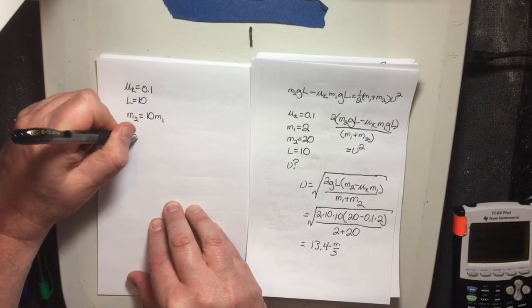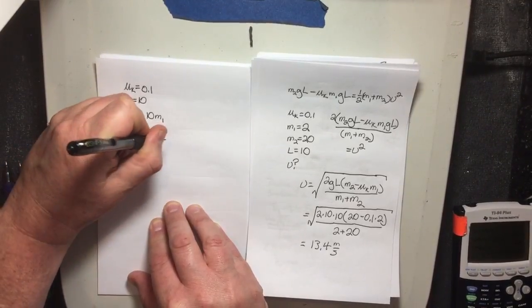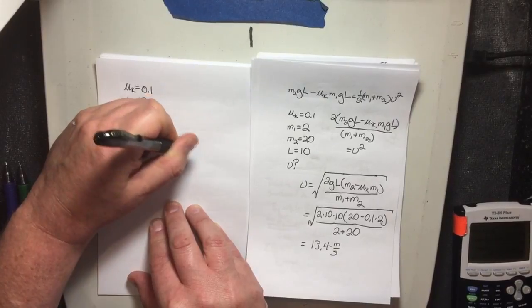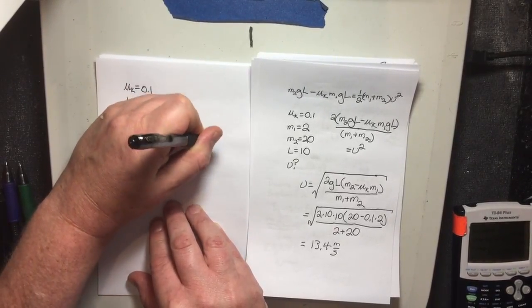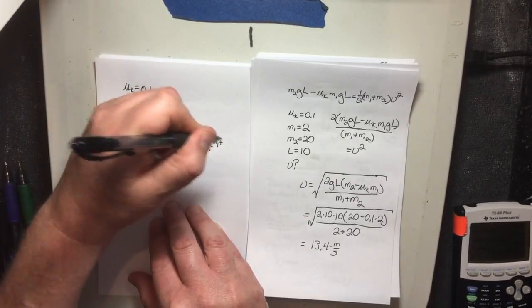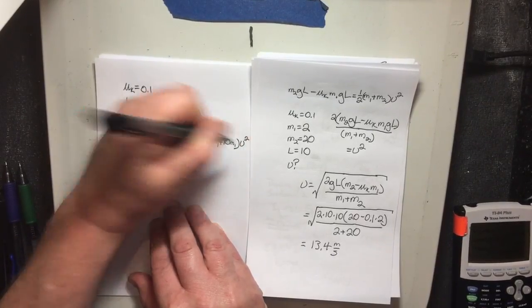So this is 10m1 GL minus mu sub k m1 GL is equal to 1/2 m1 plus 10m1 v squared.